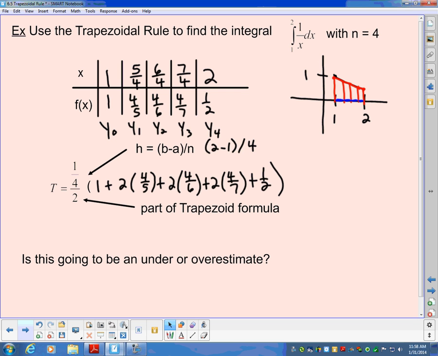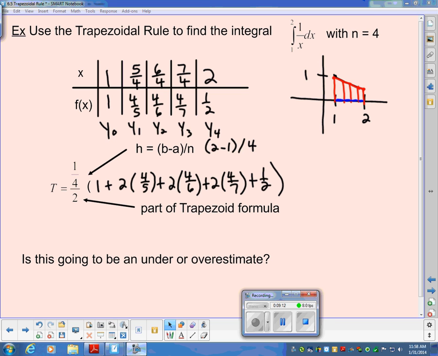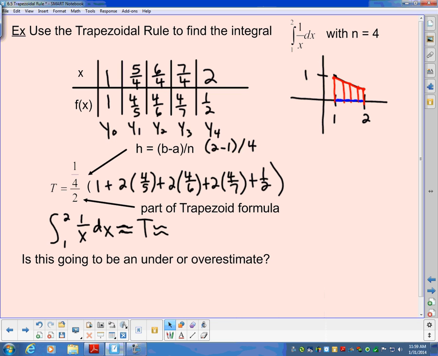If you could find that quickly here. Okay, so the value of the integral from 1 to 2 of 1 over x dx is approximately equal to, by the trapezoidal rule, 0.695-ish. You should get about 0.695.